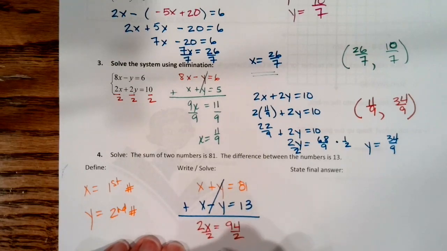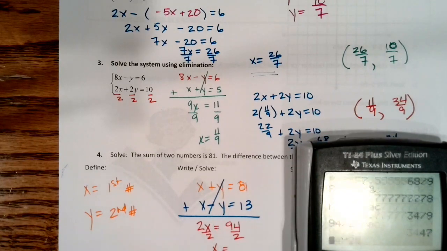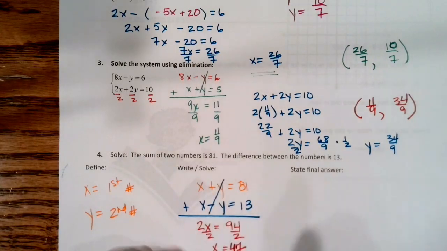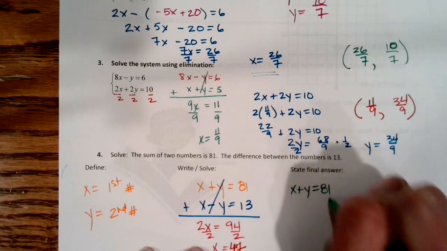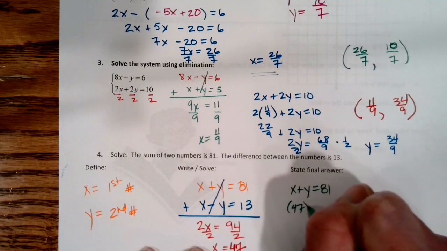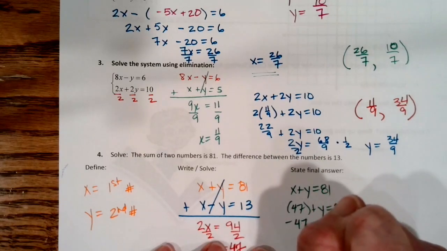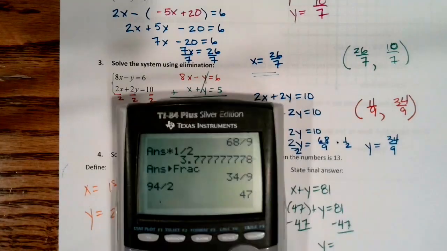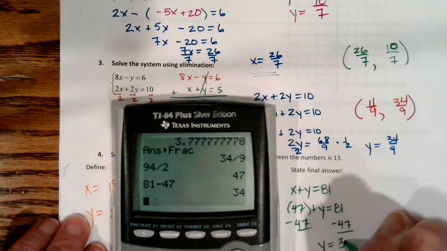Divide by 2, divide by 2, x is equal to 94 divided by 2, 47. So when we go find my other value, I know that x plus y is equal to 81. So 47 plus y is 81. So when I subtract 47 from each side, y is equal to 81 minus 47, 34.